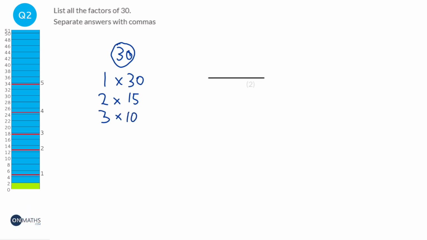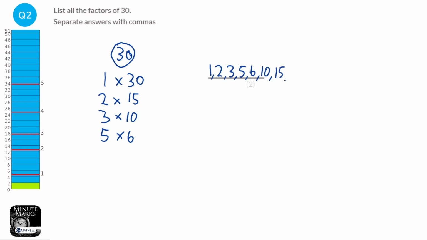Now 4 doesn't go because 30 is not in the 4 times table. 5 times 6, and we notice that if we pick 6, it's just going to be 6 times 5, it's just going to be the opposite. So the factors are all the numbers that we've just written down, so it would be 1, 2, 3, 5, 6, 10, 15, and 30.